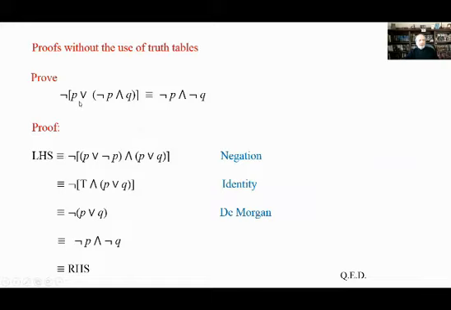Left-hand side, we're going to apply the DeMorgan's laws first. So actually we need to apply the DeMorgan's laws first. See, we have not P or not P and P or Q. So we apply the DeMorgan's law first.